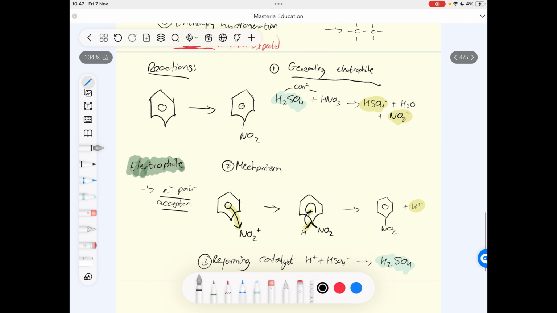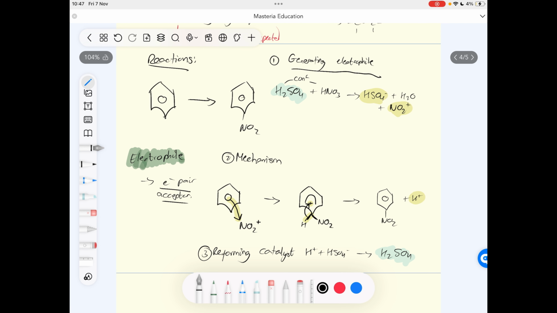So this here is the first reaction of forming nitrobenzene. Now, as an aside, before we go on to the other reactions, it's quite important to know the name of this mechanism. So there are three types of reactions you can have in organic chemistry. You can have an addition reaction, an elimination reaction, or a substitution reaction. Addition basically means taking two things and putting them together.